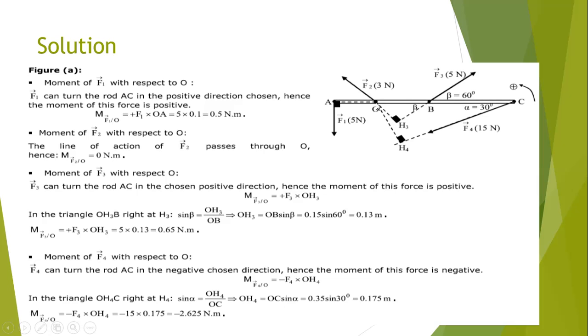So this distance OH3 represents A3, the lever arm relative to F3. Starting from O, we draw the perpendicular to the line of action. This perpendicular cuts the line of action of F3 at a point called H3. So the distance OH3 is needed to calculate the moment of F3.